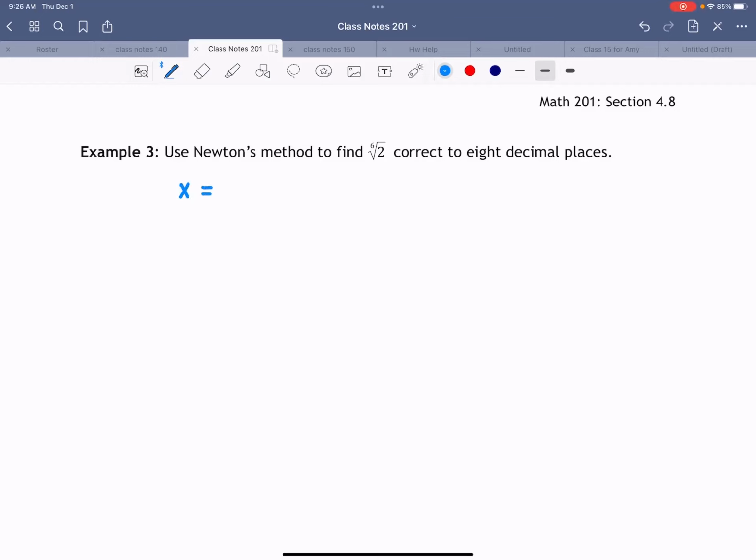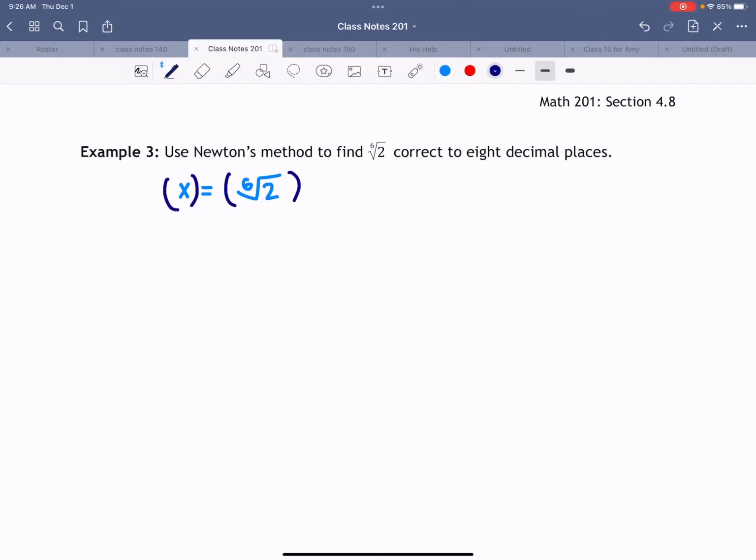Why don't I just make x equal to the 6th root of 2? That's a little bit easier, right? That's not really an equation, but what I can do is this. Maybe I should take the 6th root of both sides.